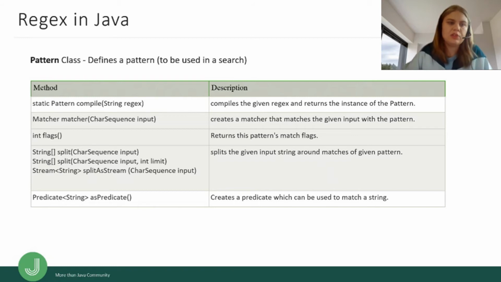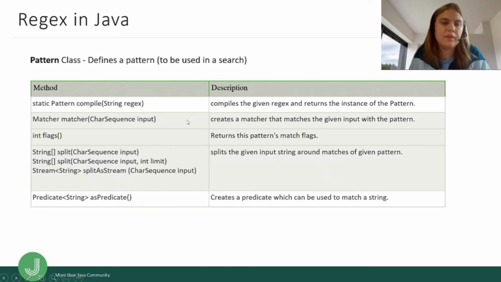Let's look at which methods we have in those classes. The first method in the Pattern class is compile. It's a static method, and it has a parameter regex, so it will compile the given regex into an instance of Pattern.